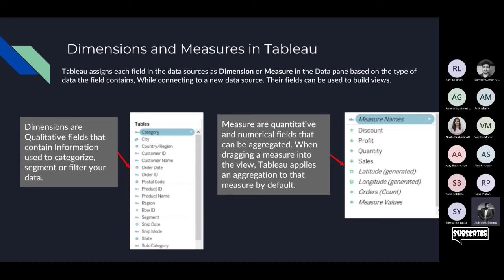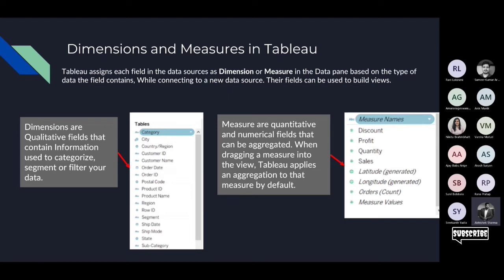In the case of a measure, our measures are quantitative fields or numerical values that can be aggregated. This is important, you need to understand this difference. Whenever I bring a dimension into my view, it will show me segments or categories. But whenever I bring a measure into the pane, it will always come up with an aggregation.